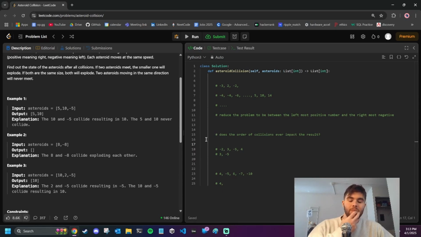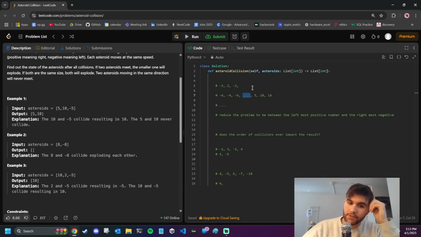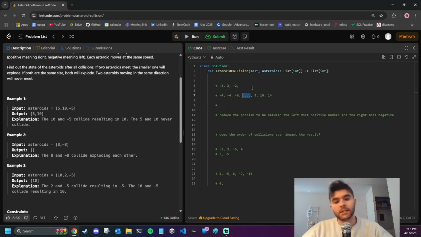So yeah, the output, so okay, this is interesting. These parts will always be in the solution. This part has to get condensed to exactly one asteroid. Yes, this dot dot dot, assuming that the leftmost is a positive and the rightmost is negative, has to be condensed into one asteroid.